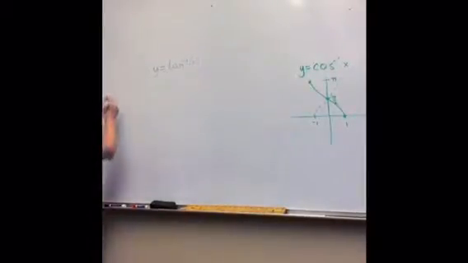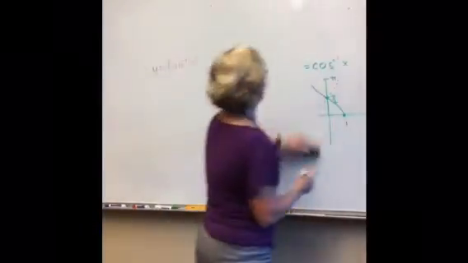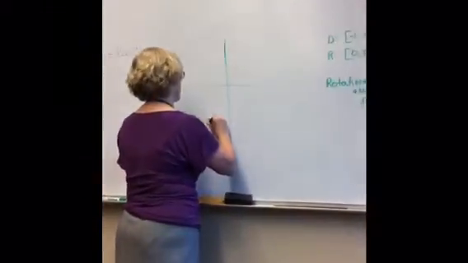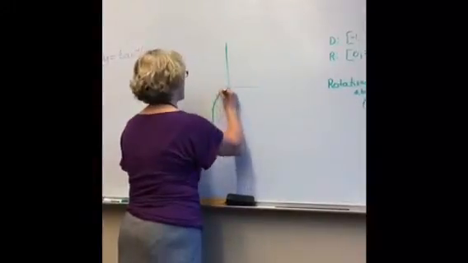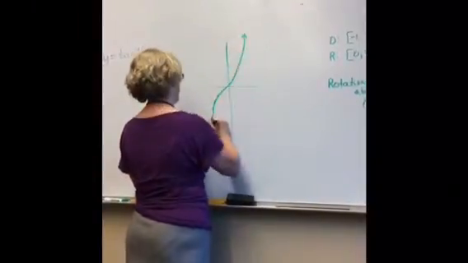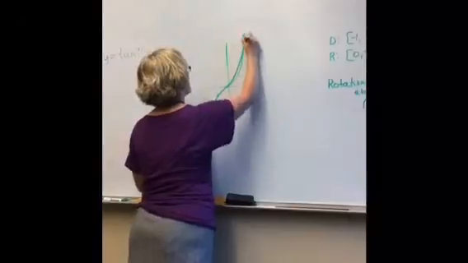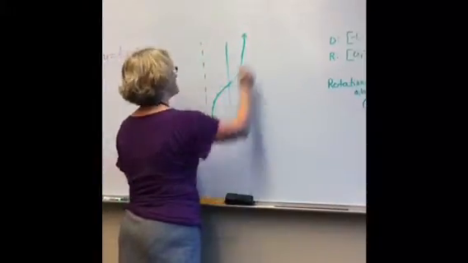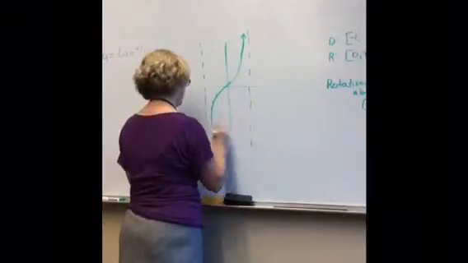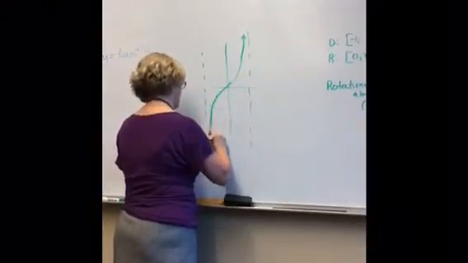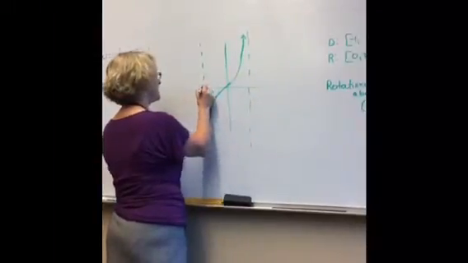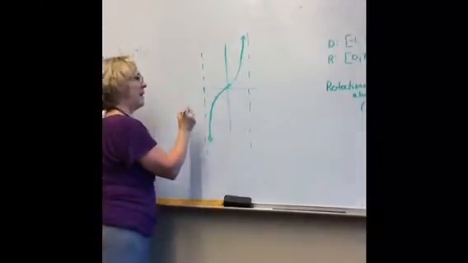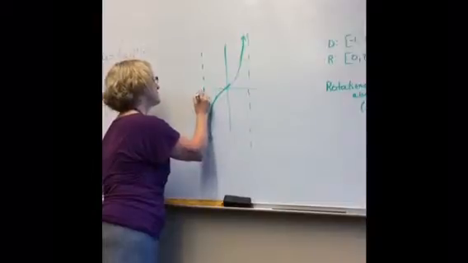So now, the tangent curve itself, let's go back over here. If I was doing the tangent curve, it would look like this, right? Close enough. And it would have asymptotes here and here. Correct? What is this value right here? Negative pi over 2.